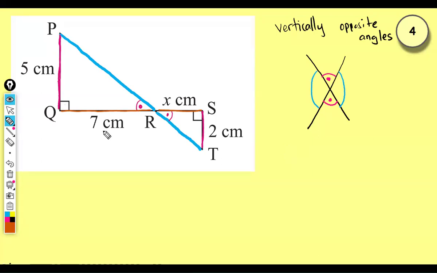So yes, the 7 and the X are corresponding, and the 2 and the 5 are also corresponding. Do you all think you can find the length of X for me, from R to S? Send the answer across, because you already know which pairs are corresponding.